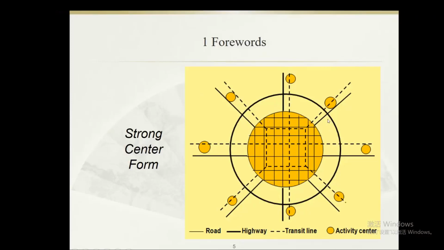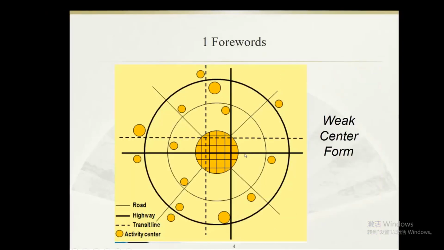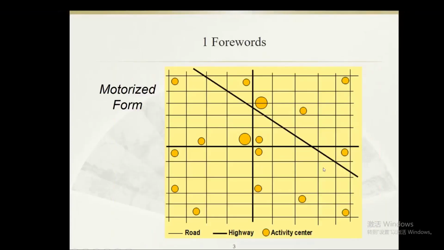The center has a very strong attraction. Very strong attraction means we have the opportunity to develop our public travel modes, including metro, railway, light rail, BRT, and common bus. Strong attraction. Why strong? Because the land uses here are different to here, different to here.